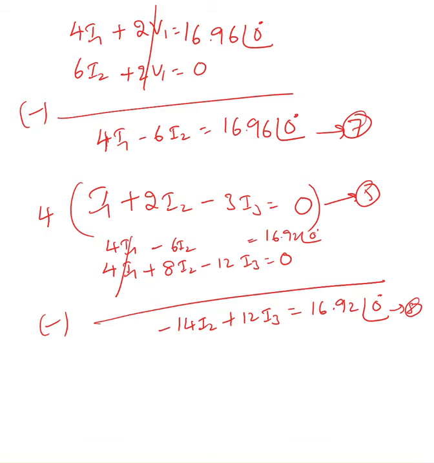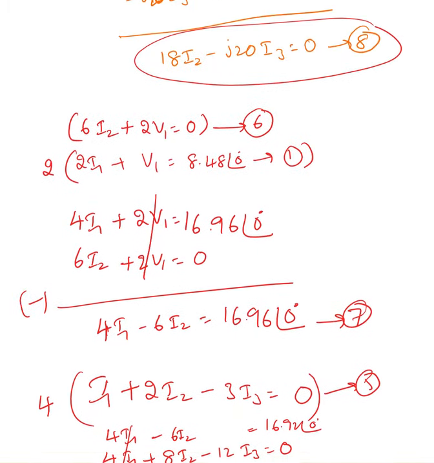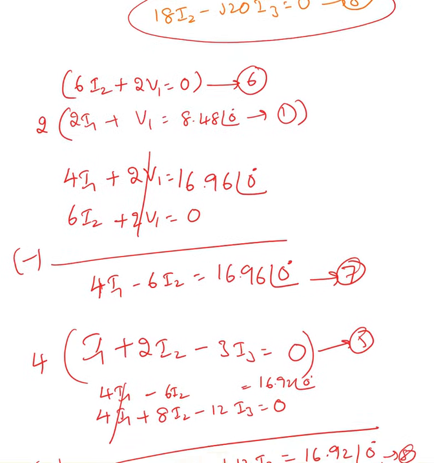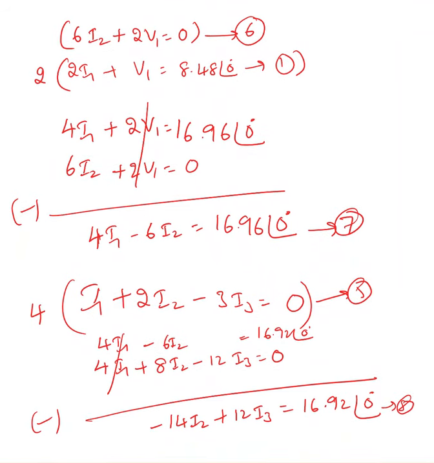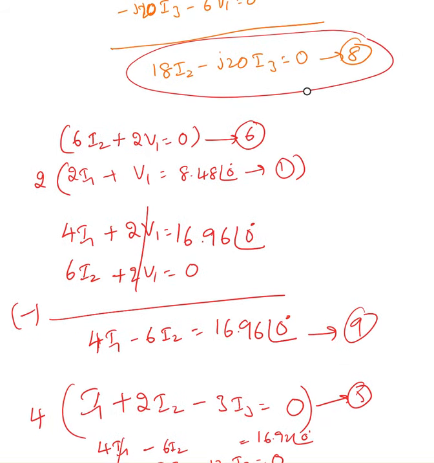Now I'm going to work with equation 8, and I already have another equation. I should write this as equation 9, and this is equation 10. Now I'm going to work with equations 8 and 10.